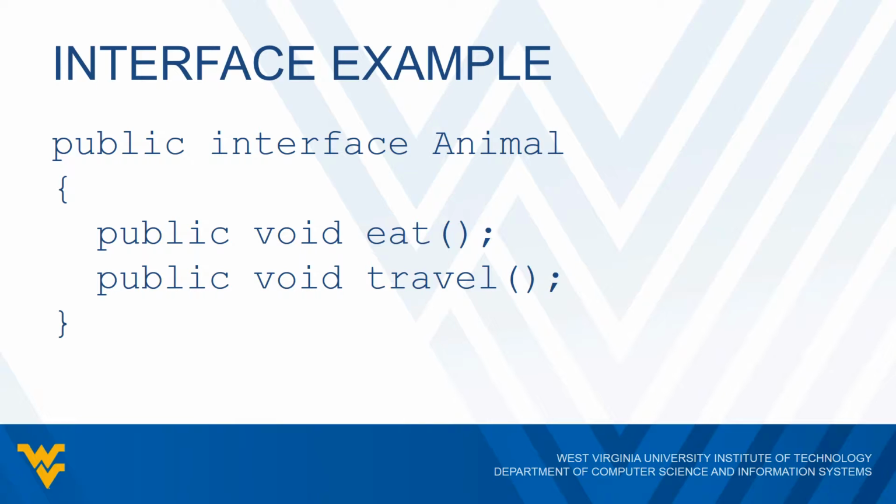So we don't have to include the abstract word. You can put it in there if you want, but it's not necessary because the fact that this is an interface, all of the methods in here have to be abstract. So notice that we still have to have the semicolon at the end, and we don't have any definitions in here. We just have the methods.